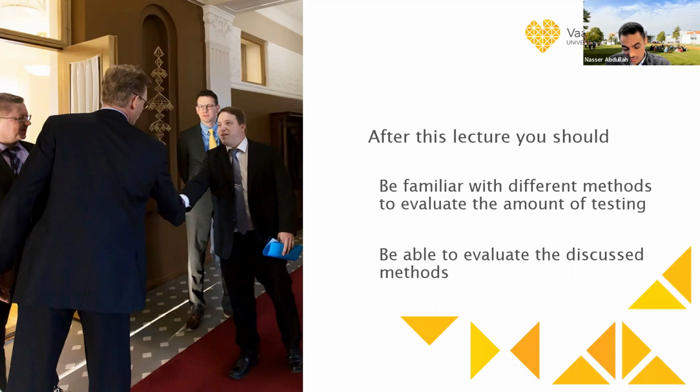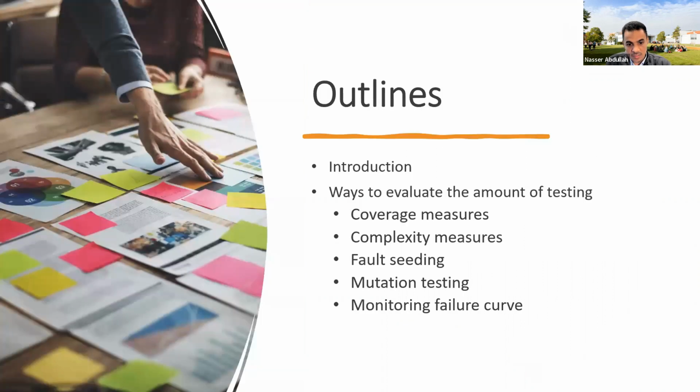As we mentioned, we have a few methods to evaluate the amount of testing, and some of these I think you already know. We already talked about coverage and complexity, right?